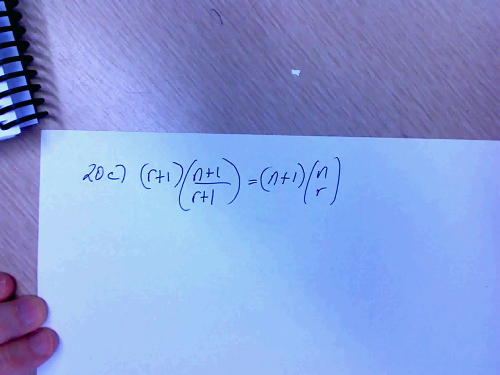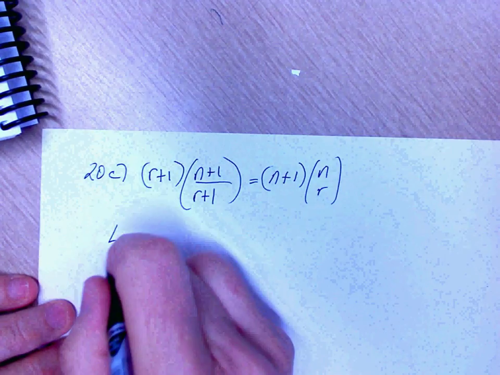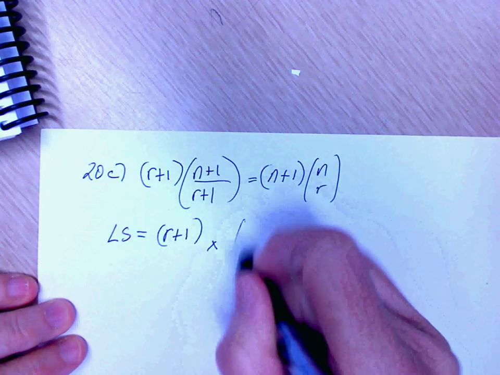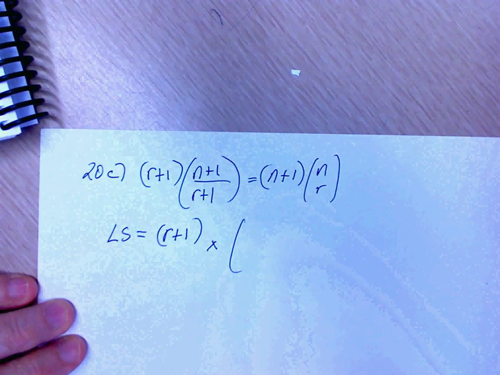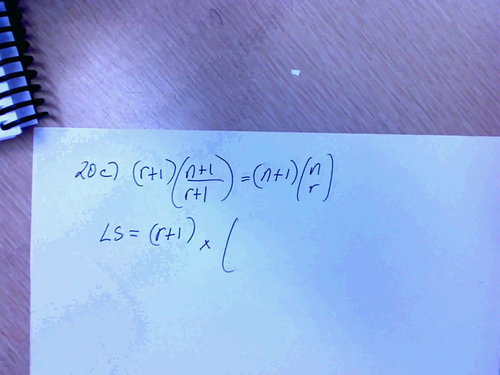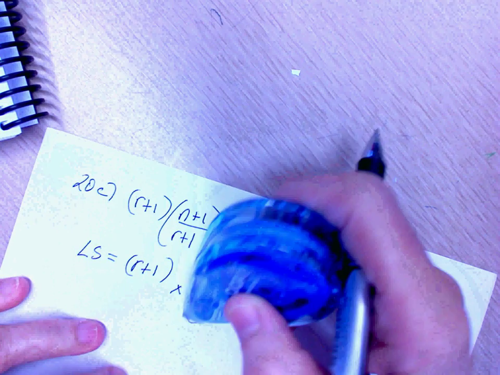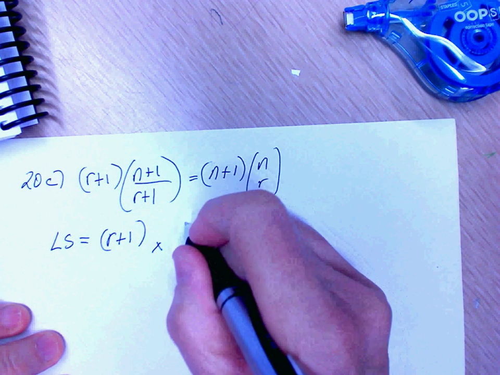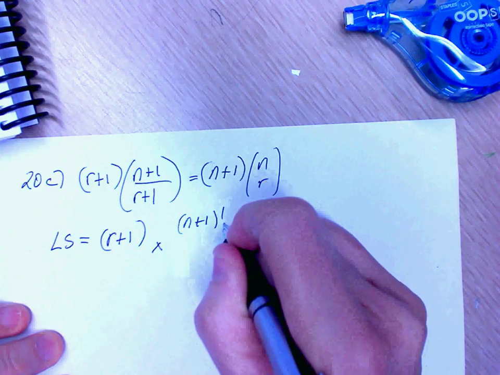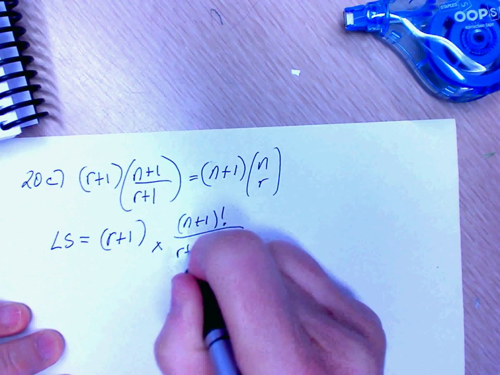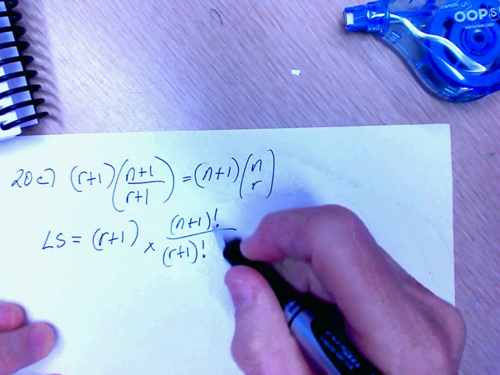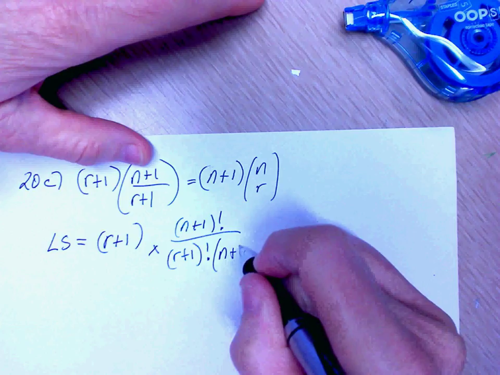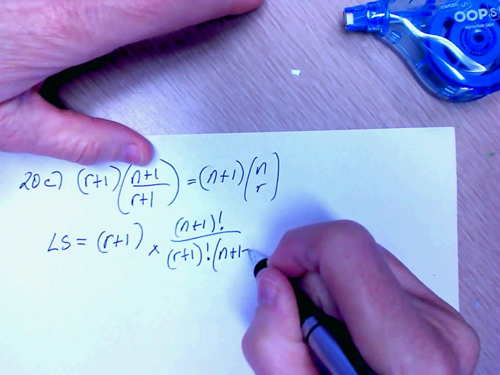So left side equals r plus 1 times, I didn't want to do that. Here, let me just white that out. This is going to be n plus 1 factorial all over r plus 1 factorial times the top minus the bottom, n plus 1 minus r plus 1 factorial.